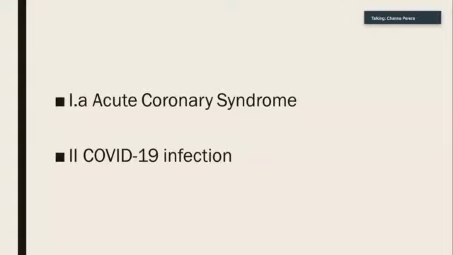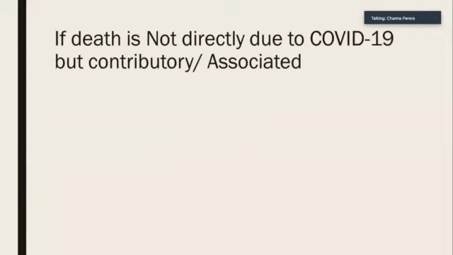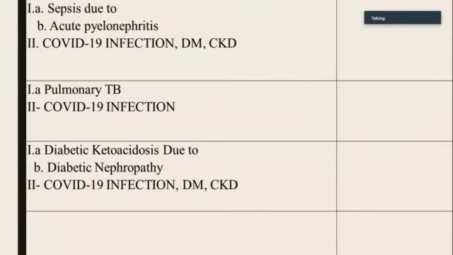So COVID-19 infection comes in 2 now. Unlike the previous situation, where COVID-19 infection was the underlying cause, here it's going to be just a contributory cause. So it's not a direct cause. COVID-19 is not going to be a direct cause for acute myocardial infarction, but may have contributed. So these are some of the examples.